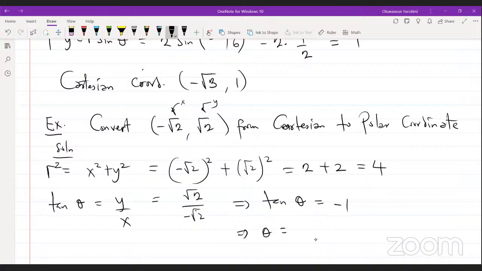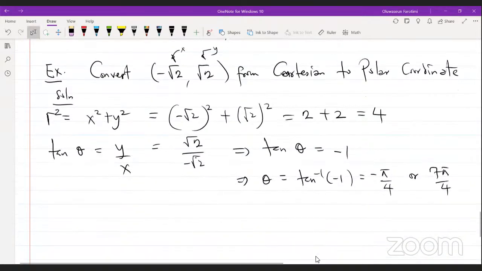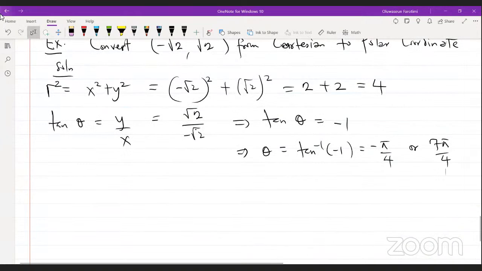This means theta is the arctan of negative 1, which is negative pi over 4. In this session, guys, we need the idea of the unit circle. What other angle is equivalent to negative pi over 4? That's actually 7 pi over 4.